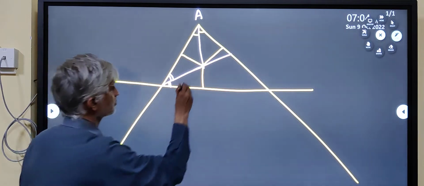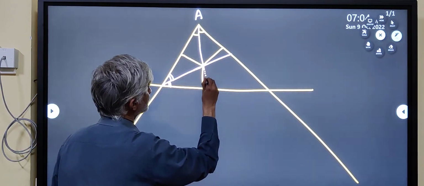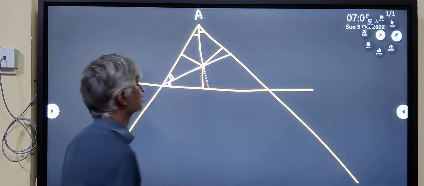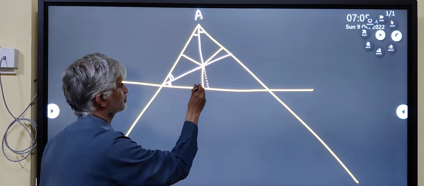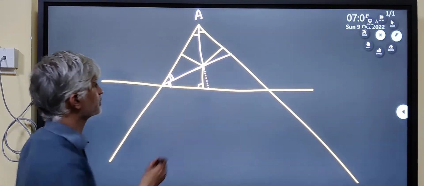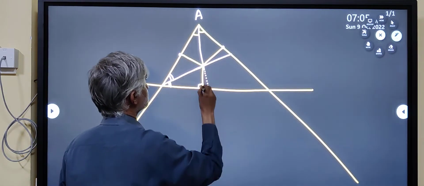And last time I made an attempt to highlight the fact that this particular line bisector might intersect at a different point from this perpendicular. Just to quickly remind you, this distance we proved last time.